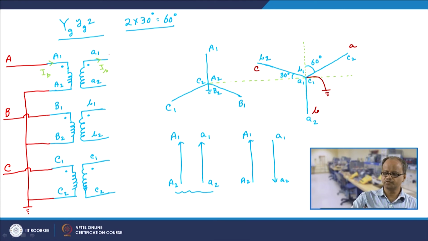Then we drew the phasor diagram of the primary side, indicated the terminals, and from this terminal indication we made the connection. Then we drew the phasor diagram of the secondary side, and also indicated the terminals, taking into account the basic operation of any transformer as well as the basic concept of a parallel phasor representation.